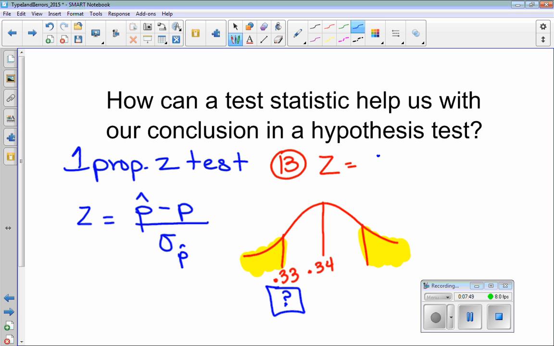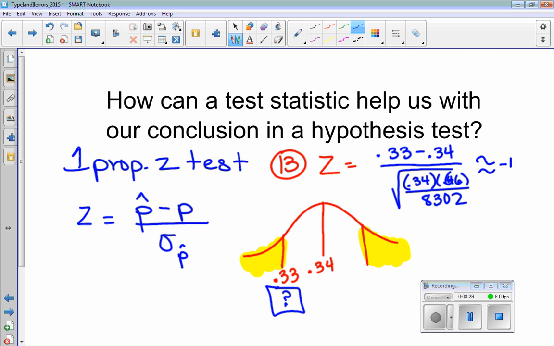It's 0.33 minus 0.34, divided by the square root of, because that's the standard deviation, 0.34 times 0.66 over 8,304. So that's the formula you would be using. Then we approximate that, and you'd find the z-score to be negative 1.92.